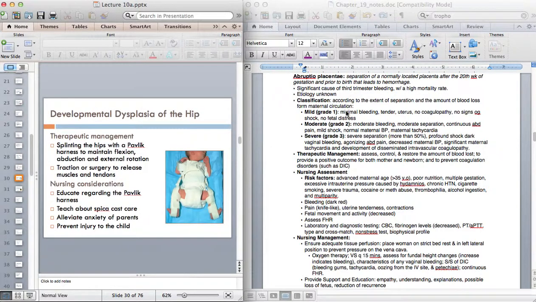So, how do we treat this patient? Early identification is our goal, and that is why we want assessment to help us identify those kids that have congenital hip dysplasia. We'll use splints to put the hip in place.